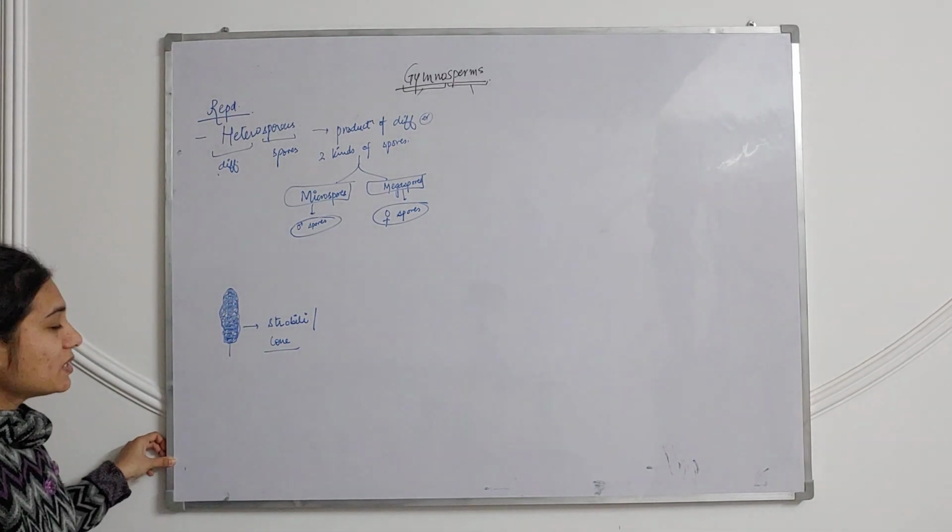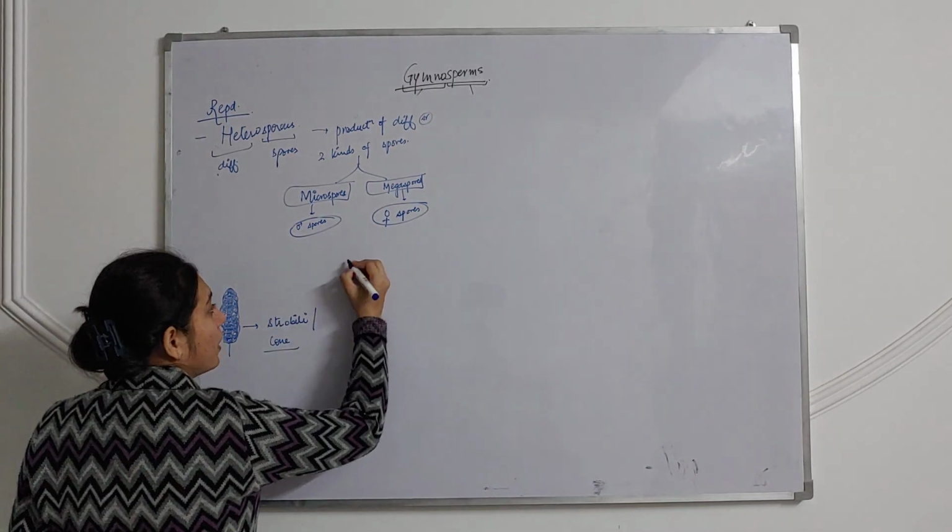The male cone or female cone can be present both on the same plant or on different plants.